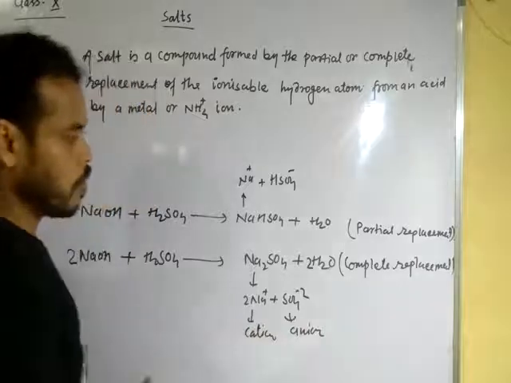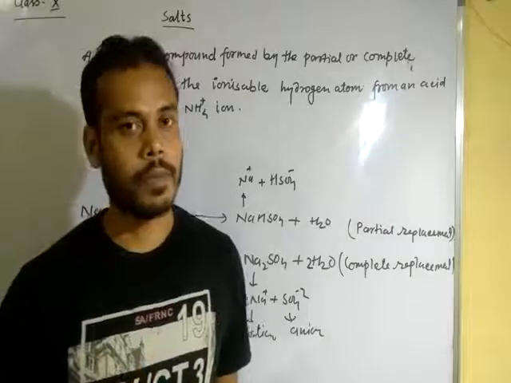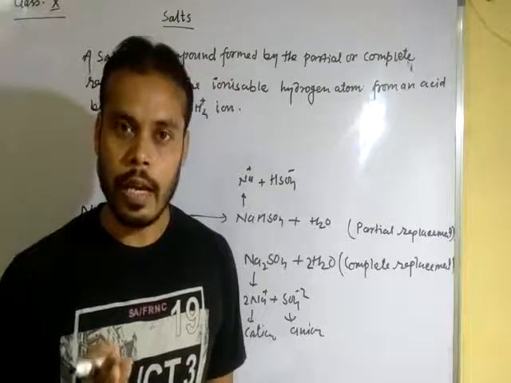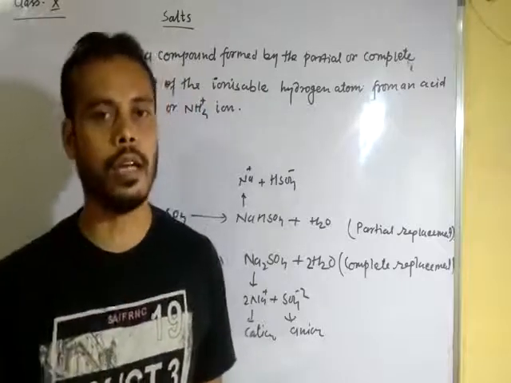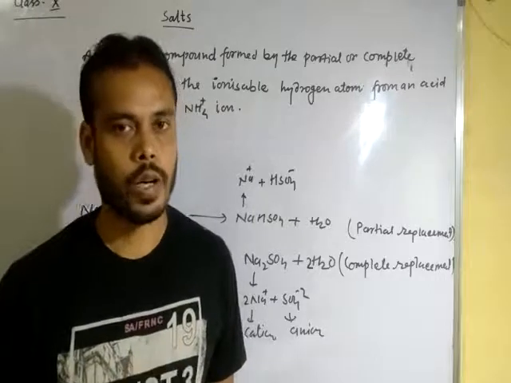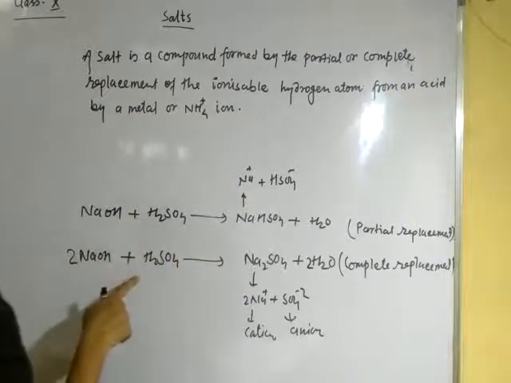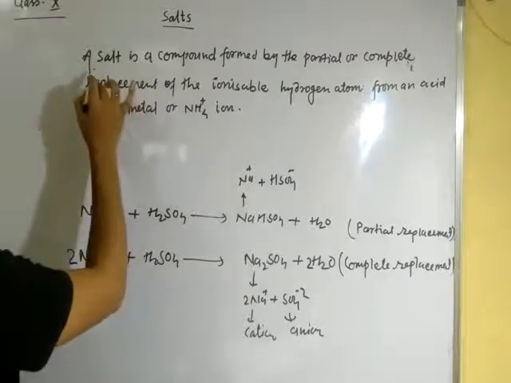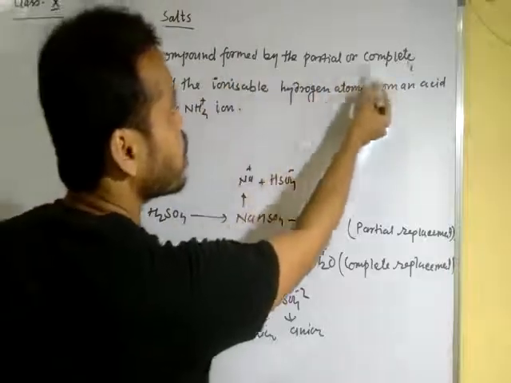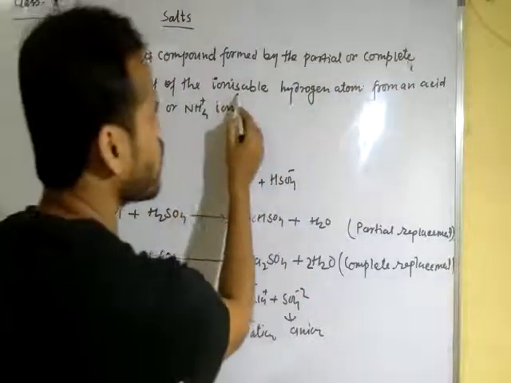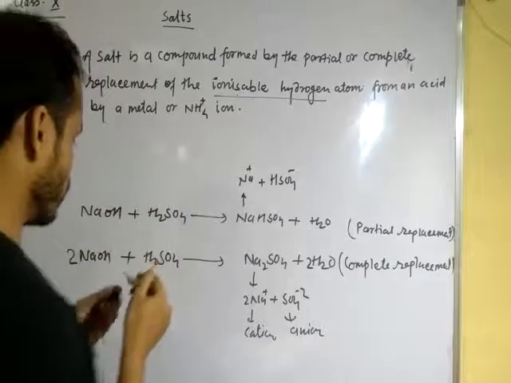So in every case, the substance which gives cations and anions in aqueous medium instead of hydrogen ion and hydroxide ion, we can say is salt. So another definition of salt: a salt is a compound formed by the partial or complete replacement of the ionizable hydrogen atom from an acid by a metal or ammonium ion.